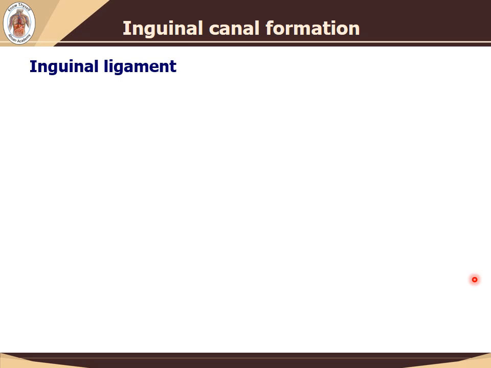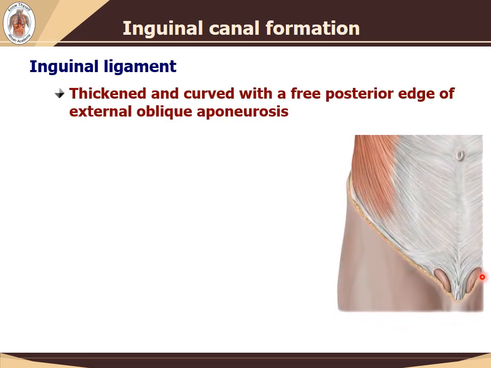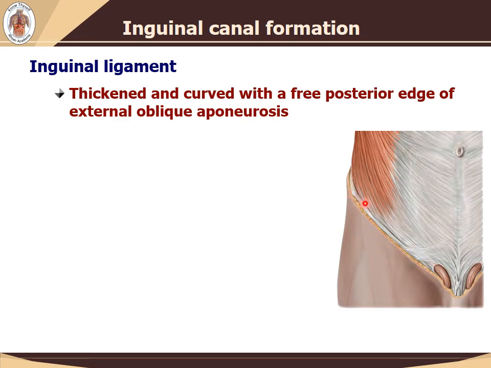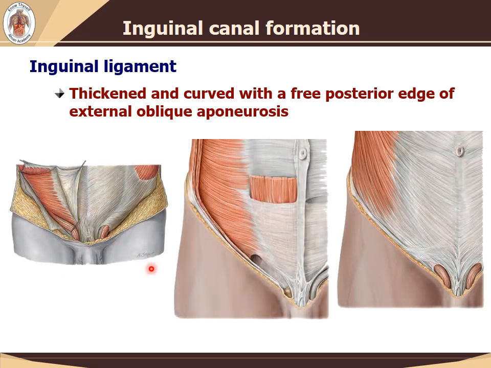The external oblique aponeurosis has an important role in the inguinal canal formation. The lower free margin of the external oblique muscle extends from the anterior superior iliac spine to the pubic tubercle. This part is rolled inside and is thickened.